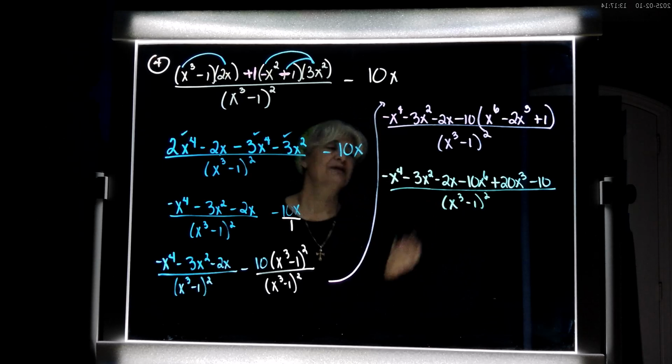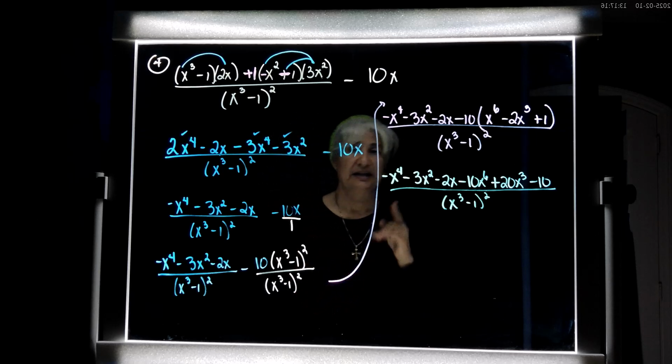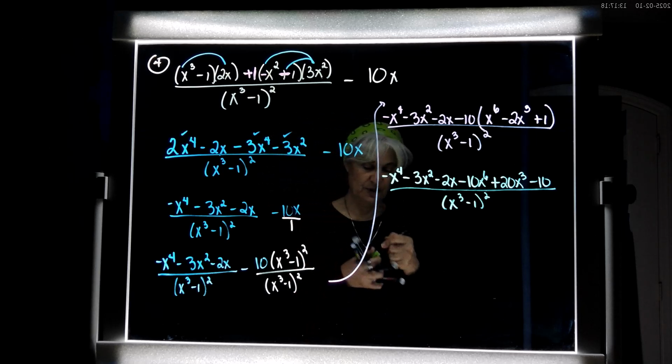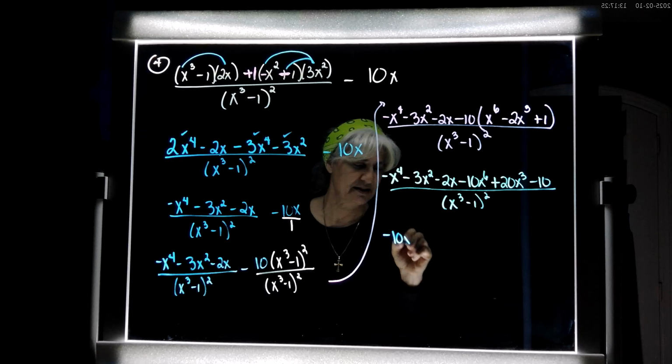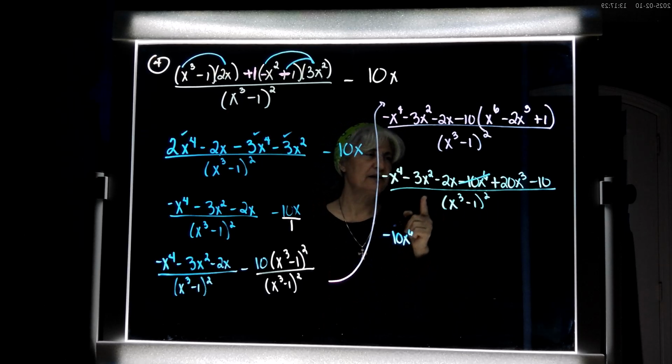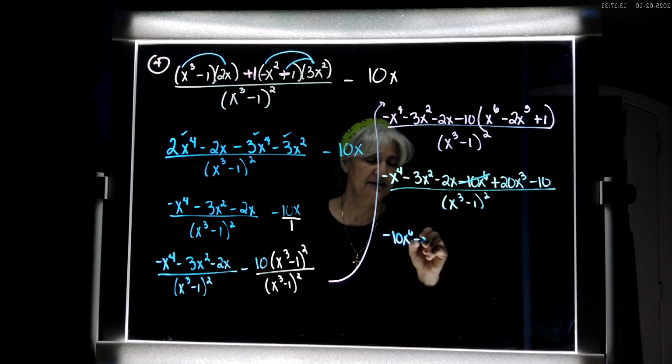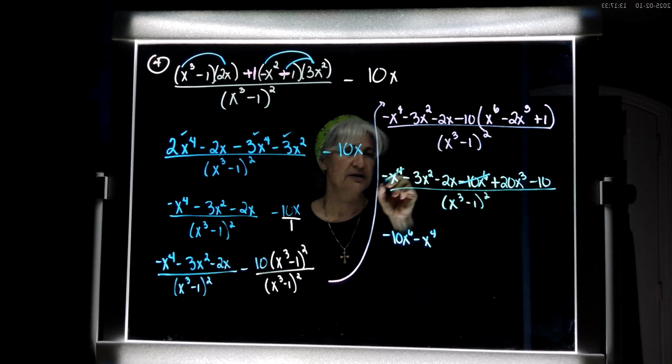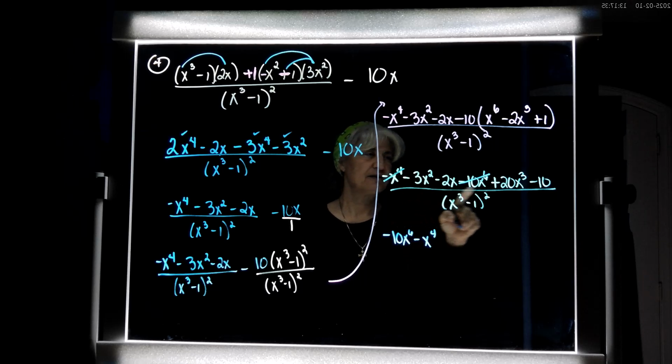And now, collect like terms. Okay, keep it in descending order. So what do you want to write first? Let's get this negative 10x to the sixth. So I'm just crossing it off so I don't look at it again. And then we have a minus x to the fourth, crossing it off so I don't look at it again.